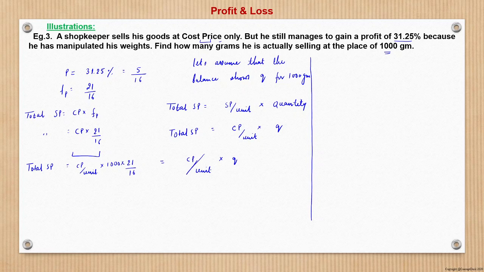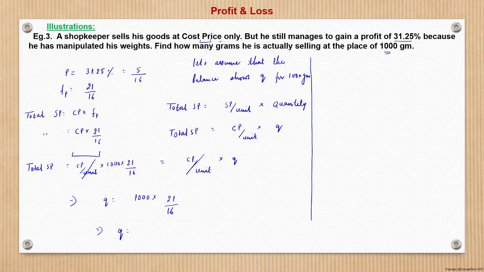So this gets cancelled out. From here we can say that Q is nothing but 1000 into 21 by 16, right? So we solve this out.